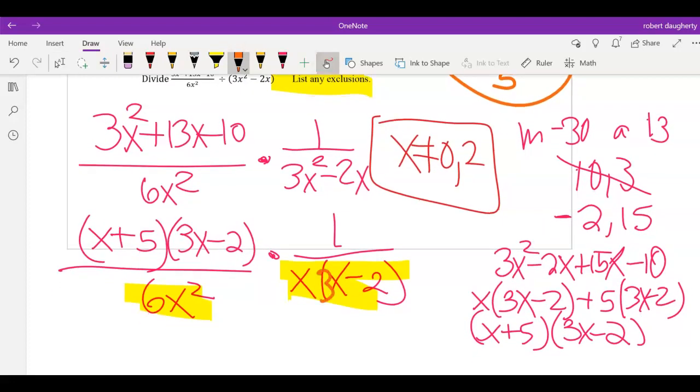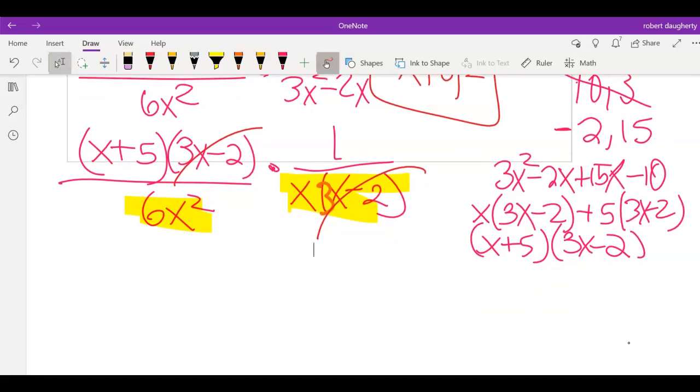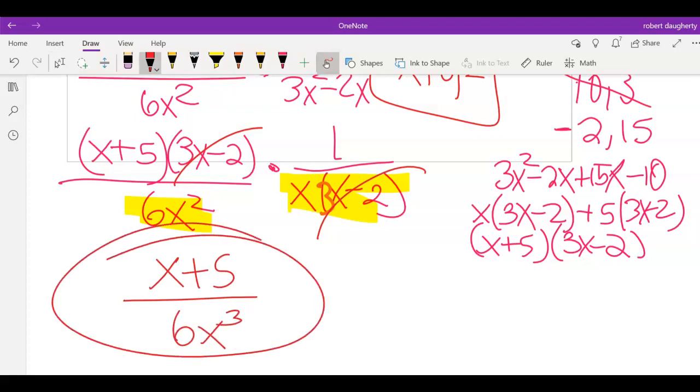So that is 3x minus 2. And so now you've got 3x minus 2 over 3x minus 2. That evaluates to 1. And then you're going to be left with x plus 5 divided by 6x cubed. So that is my final answer here, my final simplification.